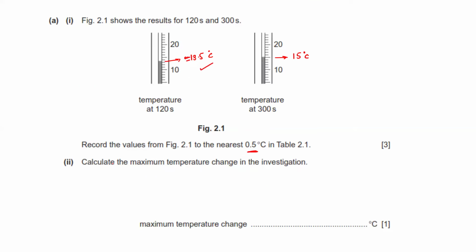Okay, then it says part 2, calculate the maximum temperature change in the experiment. So maximum change will be maximum value minus minimum value. Okay, so the maximum value we can see in the table is 19.5.